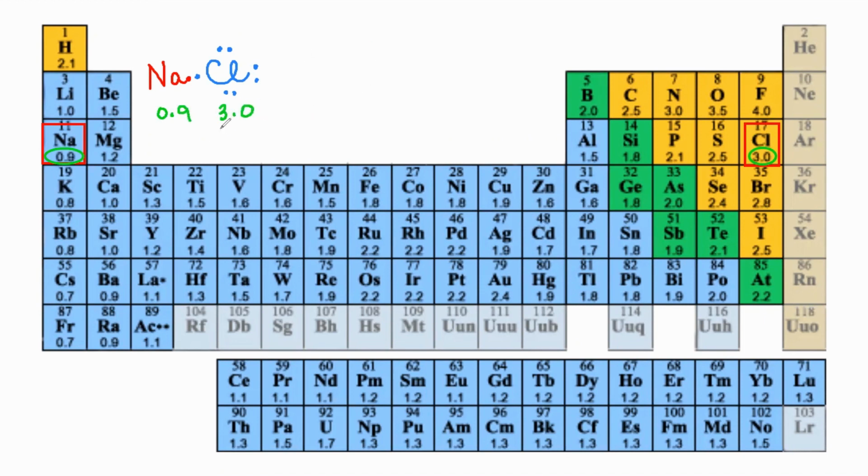If I find the electronegativity difference between these two values, the electronegativity difference is 2.1. So what's actually going to happen is, because chlorine is so much more electronegative than sodium, it's not just going to be pulling the electron closer to itself, like in the previous examples.